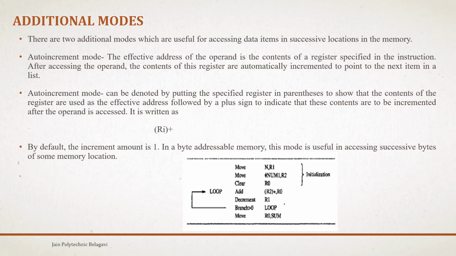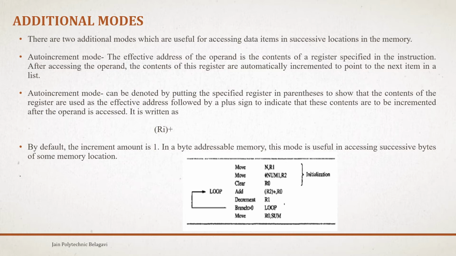Now R2 contains the address of number 1. Again we say clear R0. Now it enters into the loop. We say add (R2)+, comma R0. What does this mean? R2 initially contains the address of the first number.